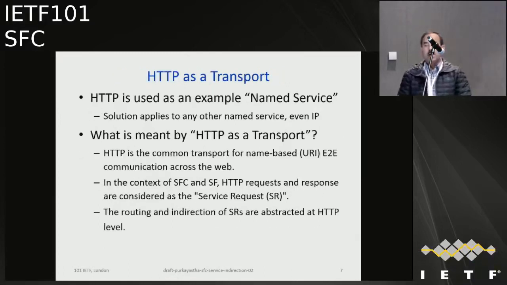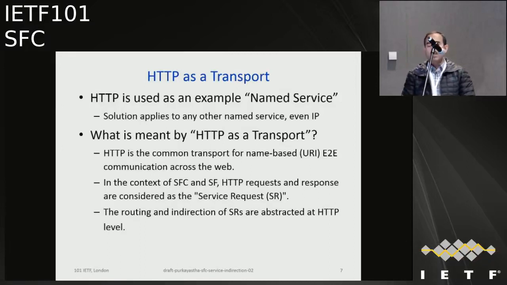So now the clarification that has been added is what is meant by HTTP as a transport. I think the first bullet is just a disclaimer saying that it's an example of a named service, and the solution can be applied to other naming services also, even IP. When we say HTTP as a transport, we are abstracting and using HTTP as a common transport for name-based URI and end-to-end communications.